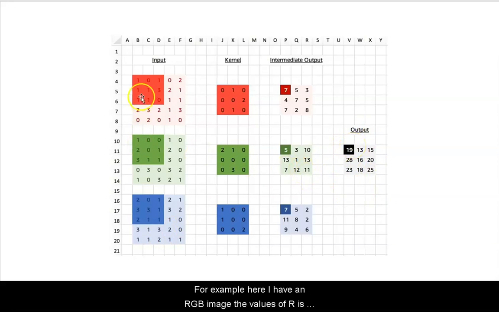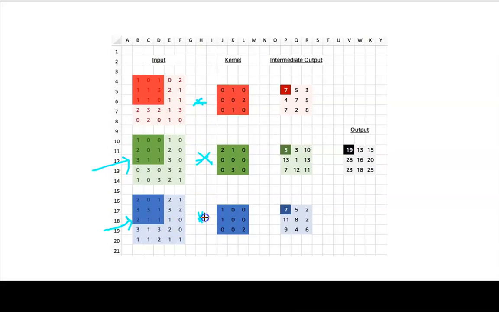For example, here I have an RGB image. The values of R are represented here, the values in the green are represented here, and the values of the blue channel are represented here. Now these three channels have to be separately convolved with the filters.